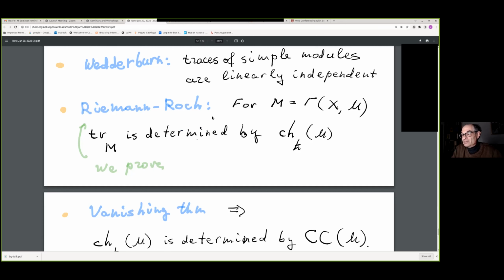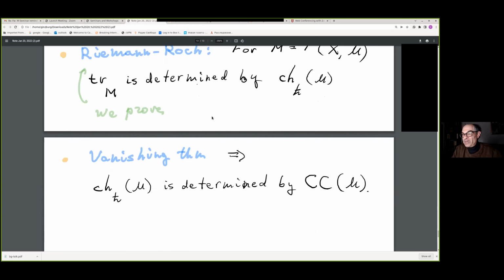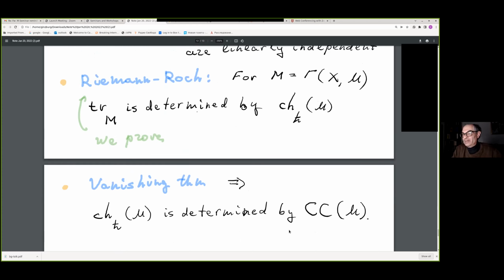And now the final step is that our main vanishing theorem says that in the situation at hand, all components of the Chern character are zero except one. And this one is Poincare dual to the characteristic cycle. Now we're done, because if the characteristic cycles are linearly independent, then the Chern characters are linearly independent, and therefore the traces are also linearly independent.